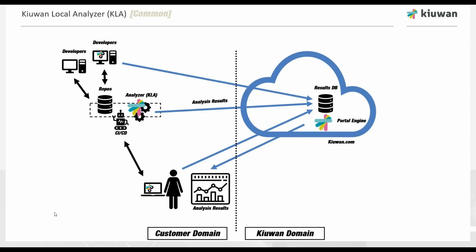With our hybrid cloud model, you can deploy the Java-based analyzer across your organization. That Java-based analyzer, called Kiuwan Local Analyzer, or KLA, gives you flexibility about how much of your source code will be uploaded to the results database with each analysis.